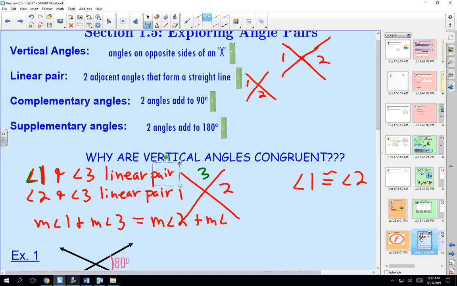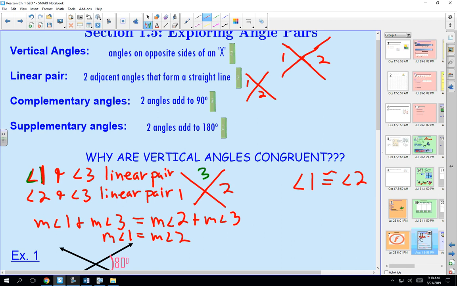So measure of angle 1 plus measure of angle 3 equals measure of angle 2 plus measure of angle 3. Do a little algebra there. What can you subtract off of each side? Measure of angle 3. If I subtract measure of angle 3 from each side, I get measure of angle 1 equals measure of angle 2.